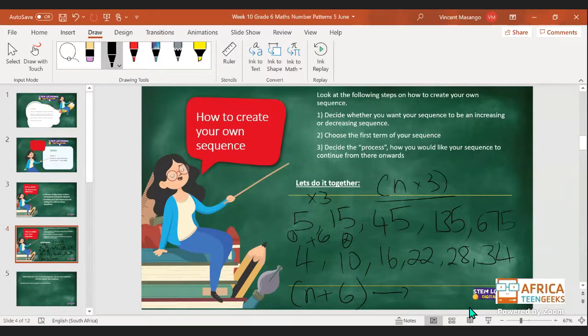I want you to find the 16th term for this. Not 50th, 16th, 1 6. Right, what would that be? 16th term. Right, that would be 48.